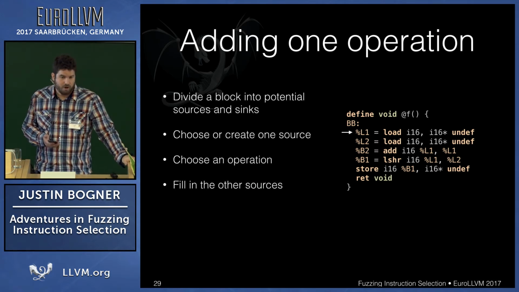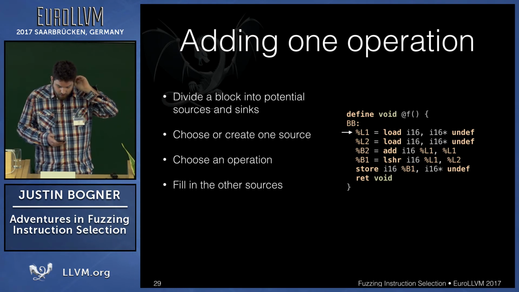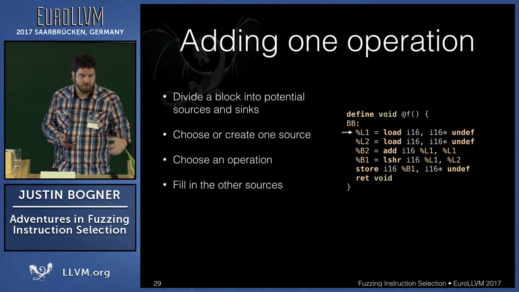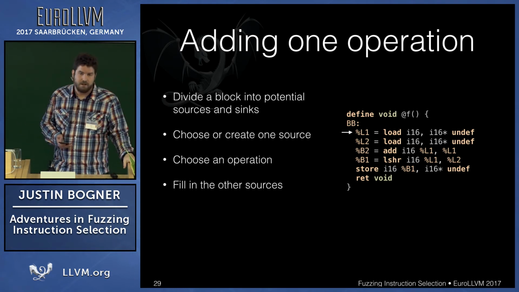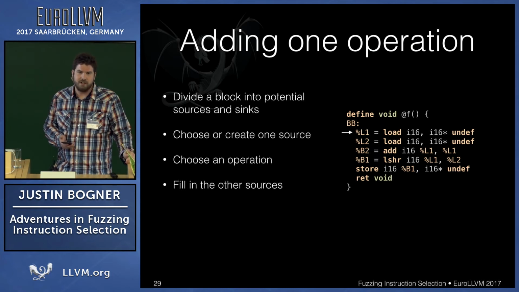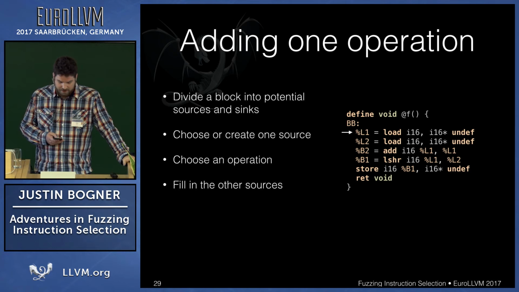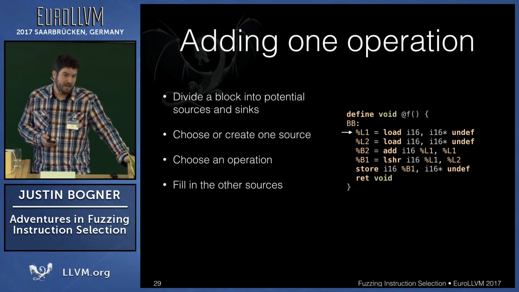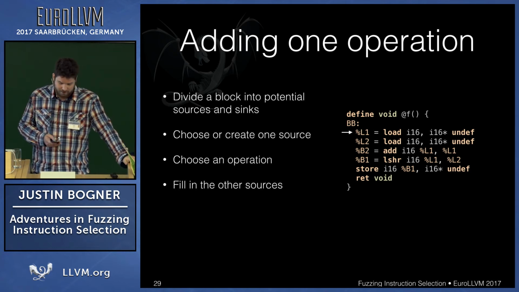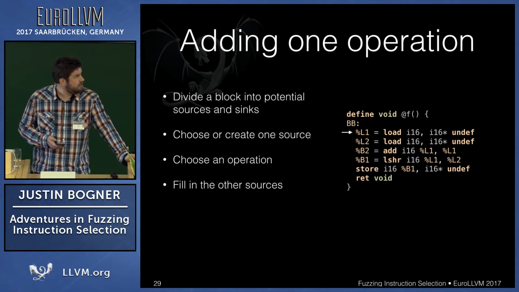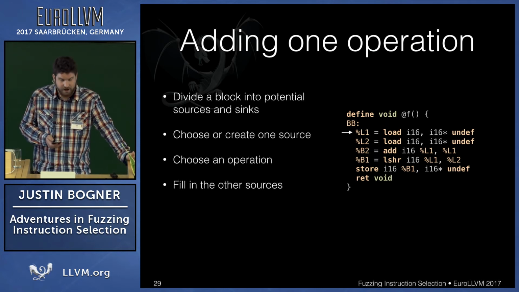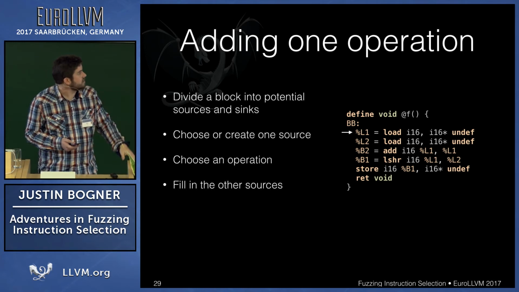There's only one more, so we choose in the same way as the first source, from the list of available sources and the extra element that represents creating a new one. This is constrained by type now, unlike the first time when it was completely open. For the example, let's say we happen to choose L1 again, which is fine because the type matches. It's an I16.